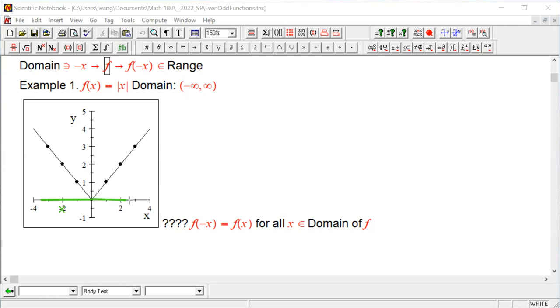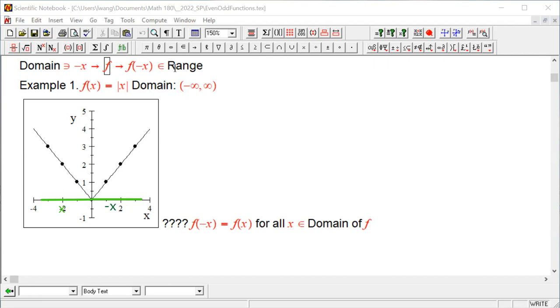Negative x, something like that. This is x, this is negative x. They're of the same length, different value. Apparently x itself is negative and negative x is positive, because they're opposite to each other.